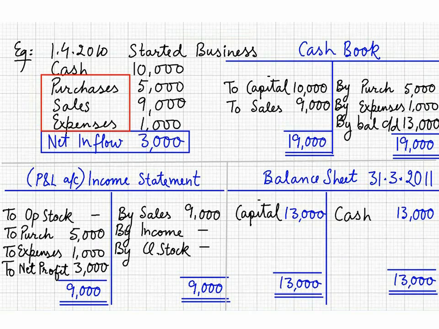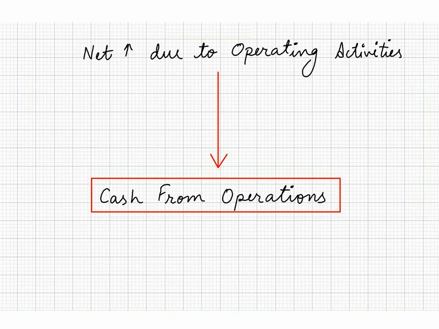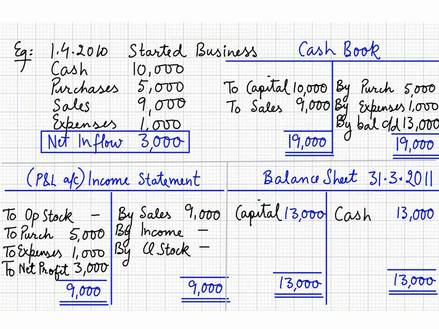So there is a net increase of rupees 3,000 in cash, and this increase in cash is due to all operating activities. The net increase due to operating activity is called cash from operation. Be careful, this 3,000 increase is only due to the operating activities. That's why I'm going to call it cash from operation.